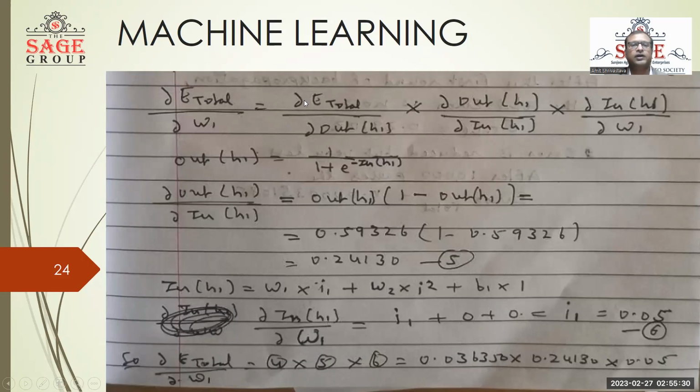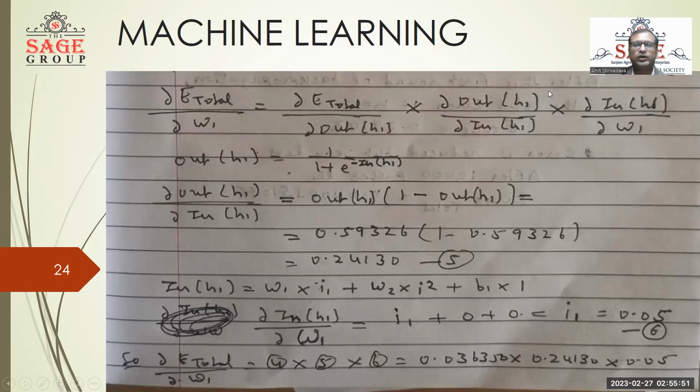So ∂E_total/∂out_H1 into, this is my total terms, ∂out_H1/∂in_H1 plus ∂in_H1/∂W1, right? Now out_H1 is 1 upon 1 plus e to the power minus in_H1.